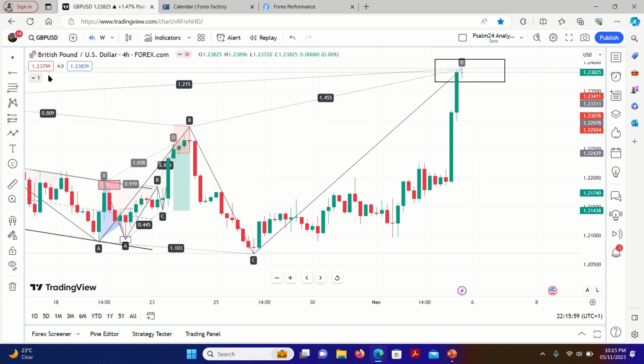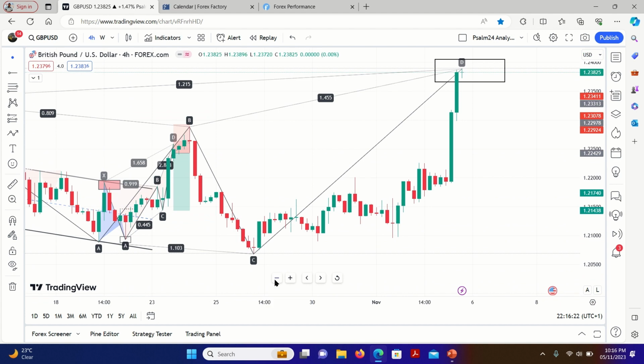We are bullish because from the weekly signature followed by the 4-hour candle, we can see that there is a lot of room to the upside. Okay, so that is it for GBPUSD.